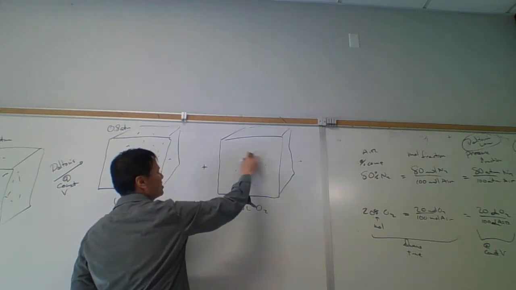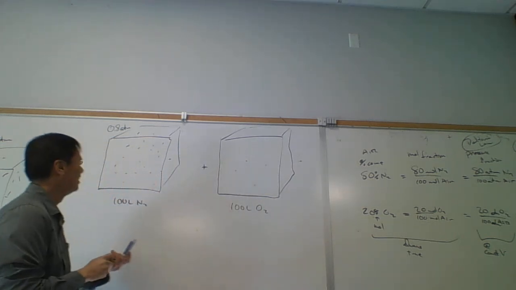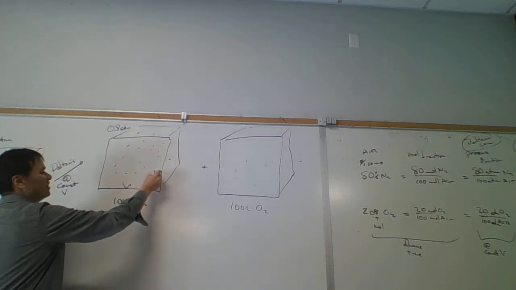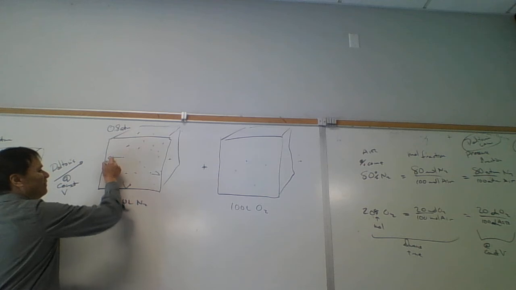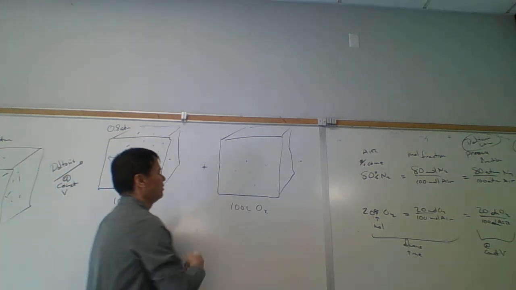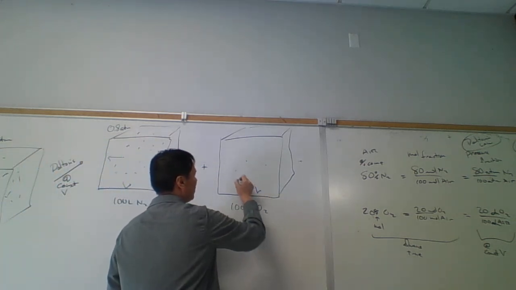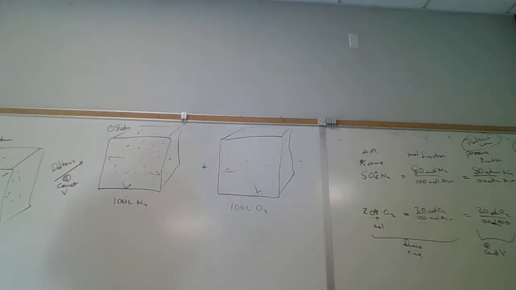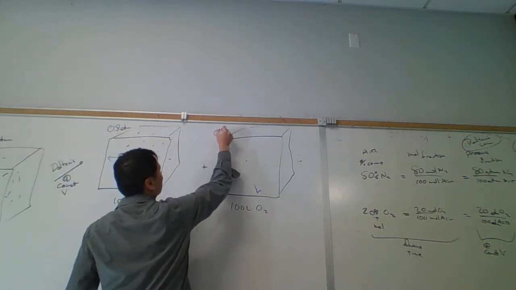But there's no nitrogen in here. When I look at the 100 liters of N2, it's only the nitrogen molecules colliding with the wall. When I look at the 100 liters of O2, I only have the O2s colliding with the wall, and I have a lot fewer of those. So what's the pressure I'm going to generate here? 0.2 atmospheres. Makes sense. That's easy.